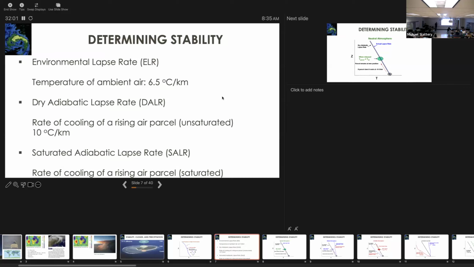The saturated adiabatic lapse rate varies between about 0.6 degrees Celsius per 100 meters to about 0.9-ish degrees Celsius per 100 meters, or about 6 degrees Celsius per kilometer, right?